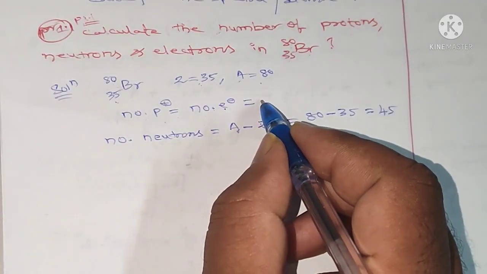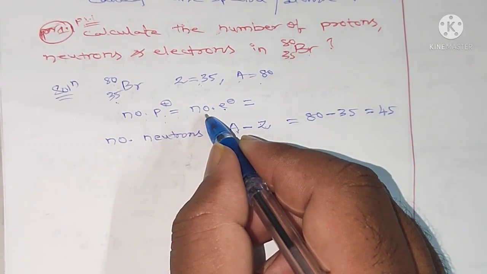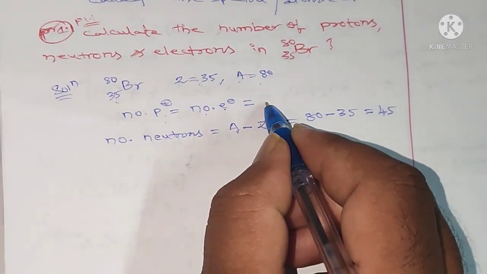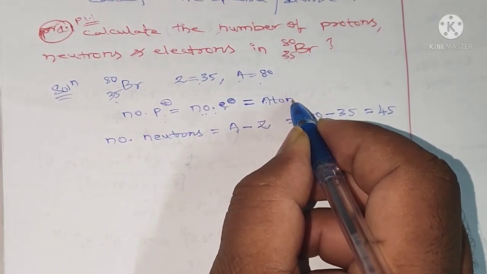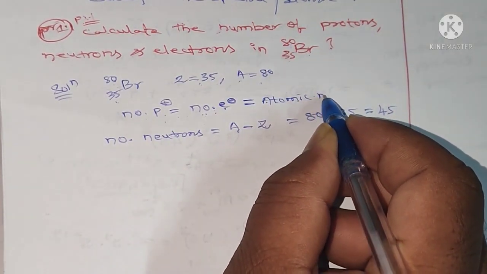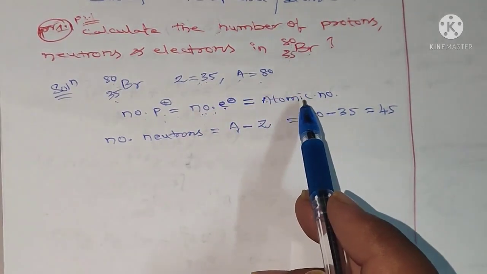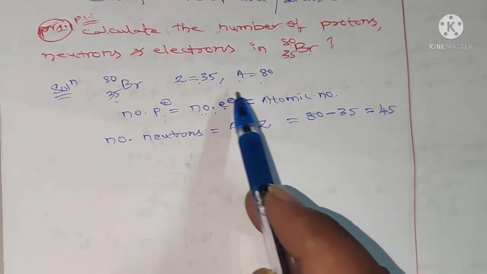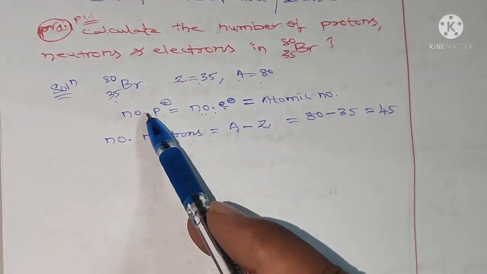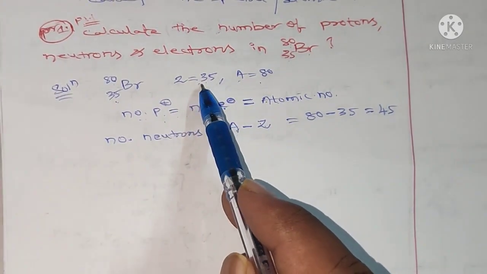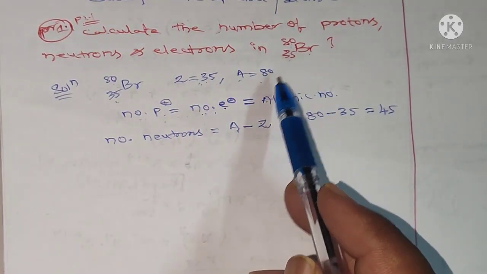Here the number of protons is equal to the number of electrons is equal to the atomic number. So the atomic number is 35, and the number of electrons and protons are also 35 because it is a neutral atom.